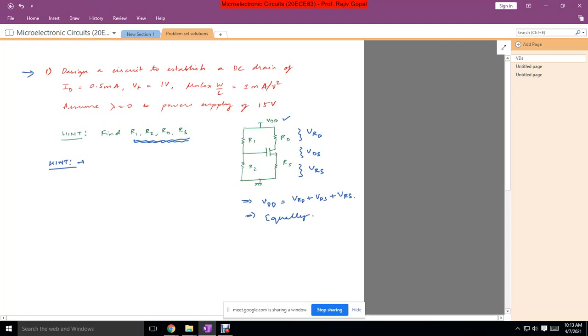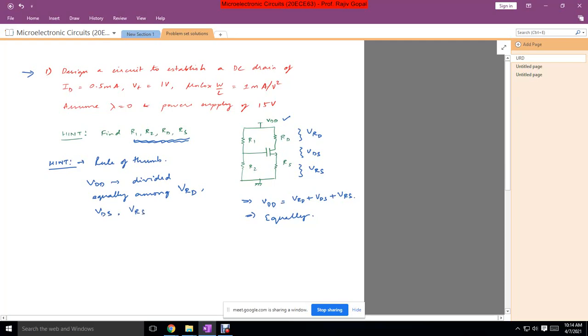That's actually a rule of thumb: VDD is divided equally among VRD, the voltage across resistor RD, VDS, the drain-source voltage, and VRS, the voltage across resistor RS.